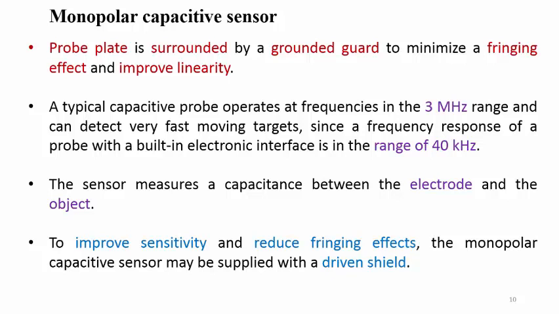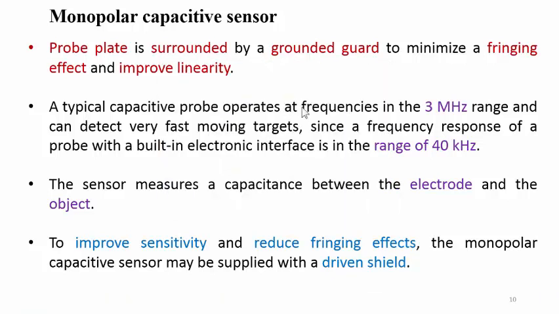A typical capacitive probe operates at a frequency in the range of 3 megahertz and can detect very fast moving targets, since the frequency response of a probe with built-in electronic interface can be measured in the range of 40 kilohertz.